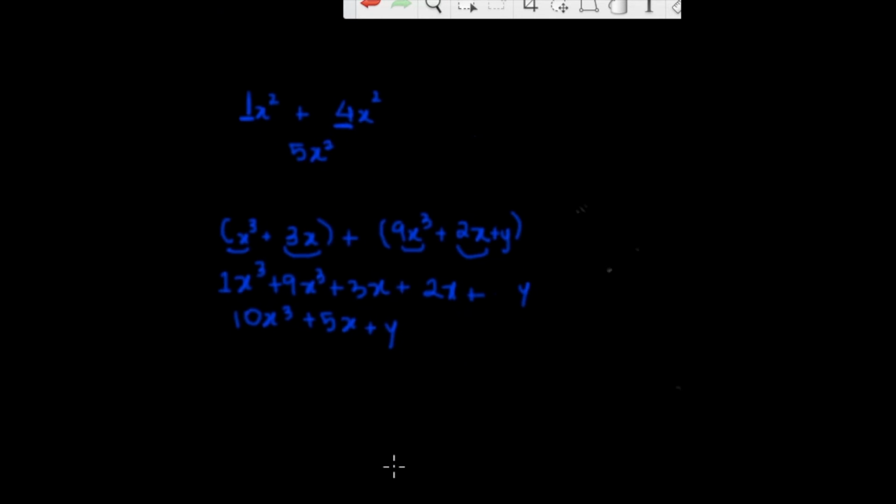So let's look at another example with subtraction. Subtraction and addition work the same way, so you need to subtract the like terms from each other.